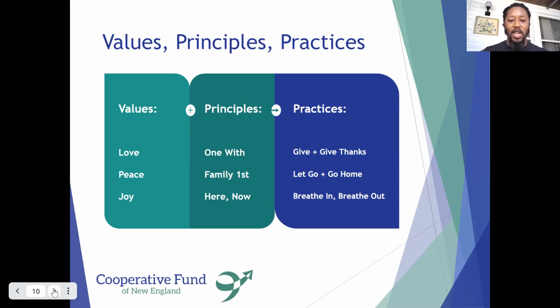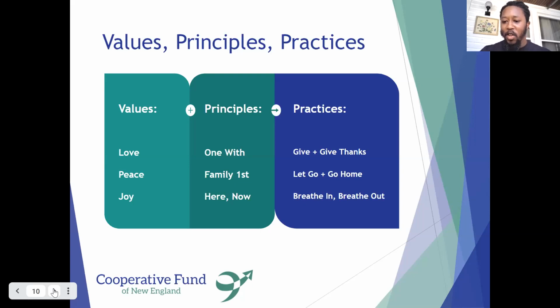And for me, for example, if I'm thinking of love, a greater notion of love, not romantic love, a principle that helps me come into contact with that is what I call "one with." And these are branded by me. It's just quick for me to remember. And the way I express that one-withness is about giving and giving thanks. So generosity and gratitude.